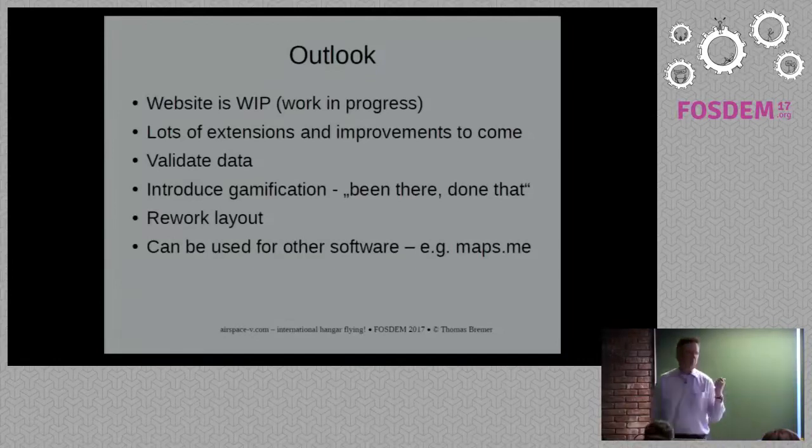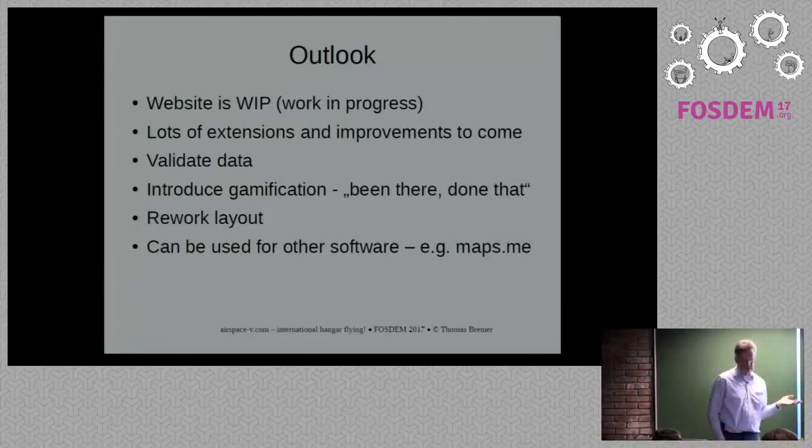For instance, you might have seen that there are some social network links on it, but I will also introduce some gamification, something like "been there, done that", where you can click airports where you have been, and there will be some kind of ranking. This just to attract visitors.